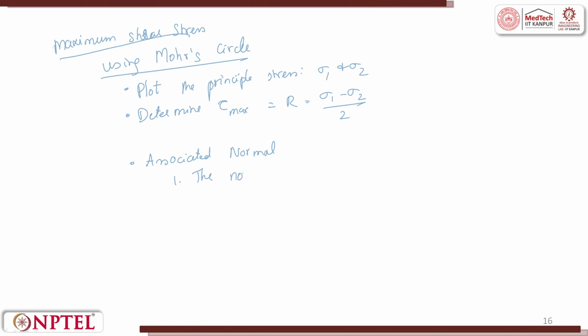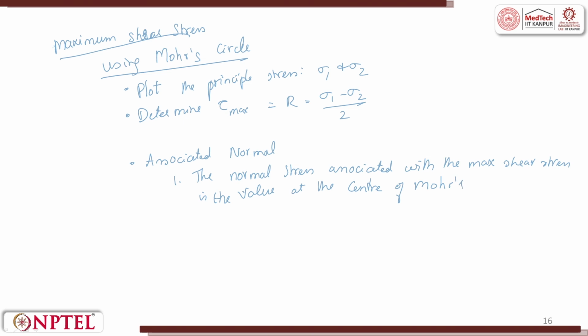The normal stress associated with the maximum shear stress is the value at the center of the Mohr circle, which is sigma average, equal to sigma 1 plus sigma 2 divided by 2.